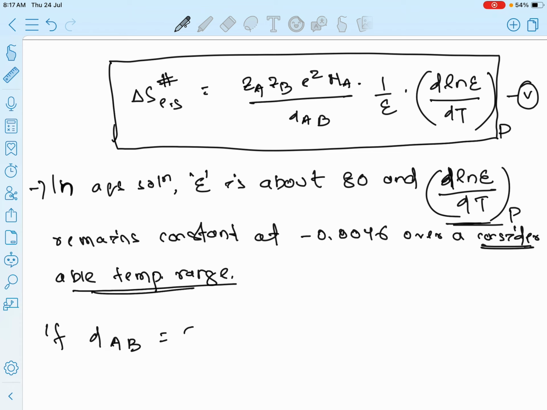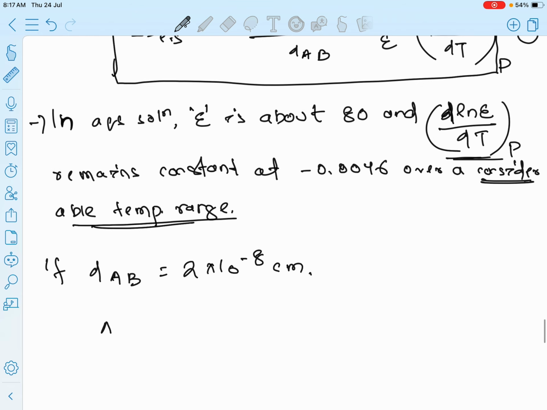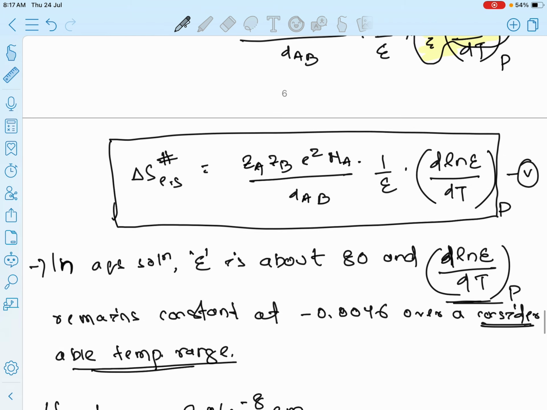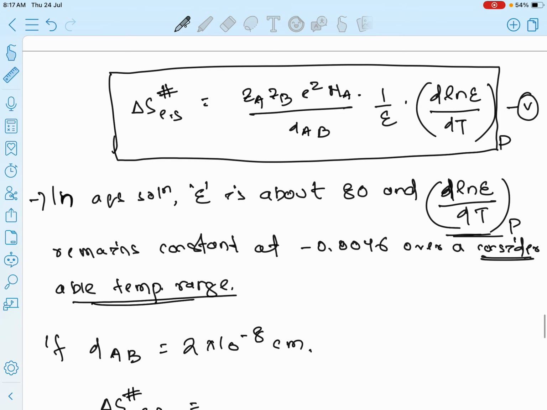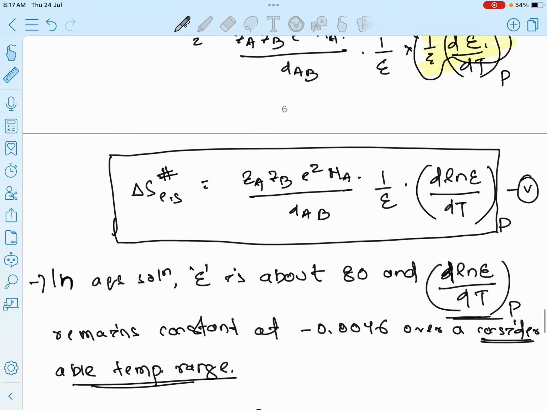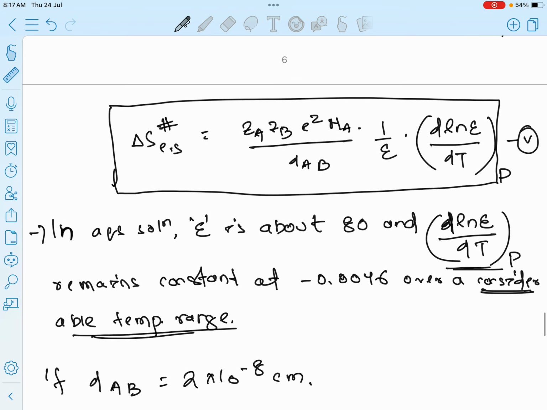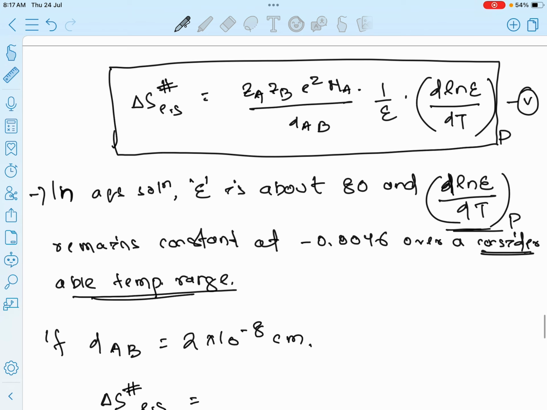So if the value of DAB is about 10 to the power minus 8 order, then delta S electrostatics, if we put all the values, the value of delta S activation will be equal to NA we know, DAB we know, epsilon is about 80, d ln epsilon by dT is about minus 0.046.